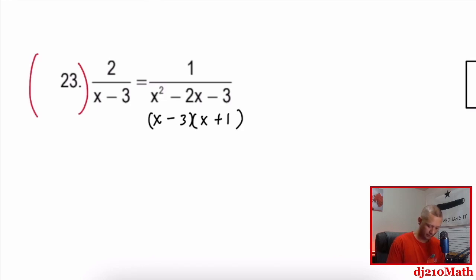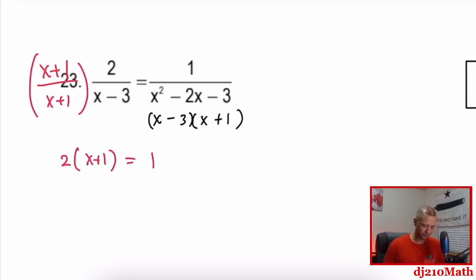Right-hand side, x plus 1, top and bottom. So now that they match. Yep, they do. It's going to be x plus 1 is equal to 1. So let's just look at x can't be 3 or -1.